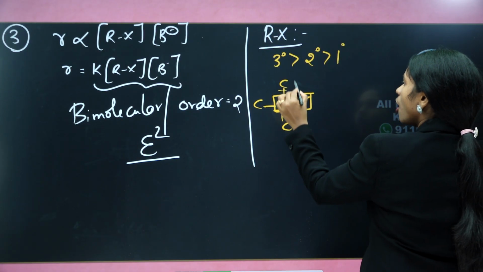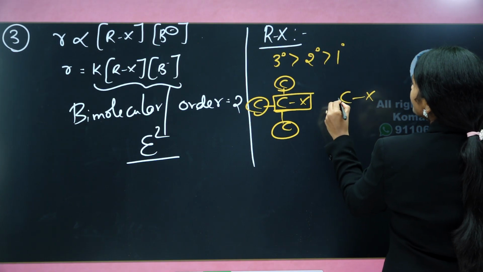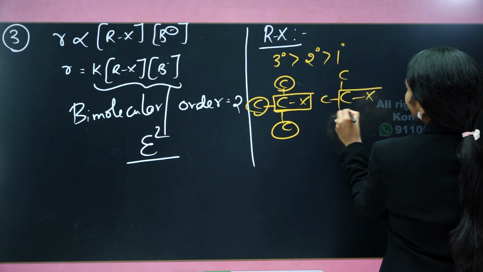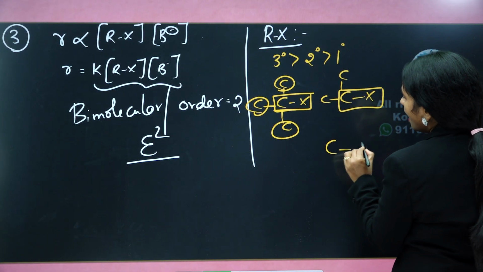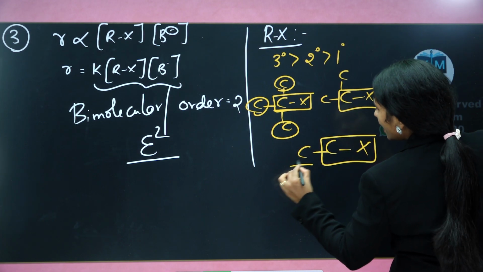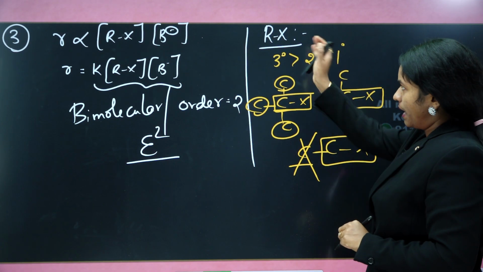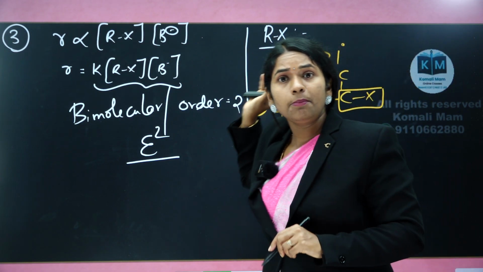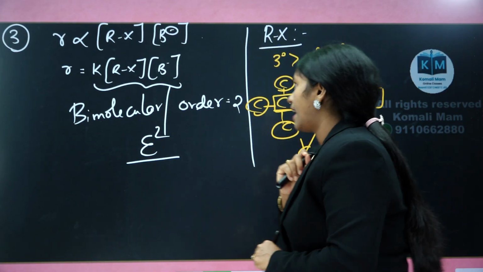It is connected to how many? 1, 2, 3. So it is tertiary. If the alkyl halide connected carbon is connected to 2 other carbons, then it is secondary. If this carbon is connected to one carbon or no other carbon, it is primary. So among primary, tertiary, secondary, which is more reactive? Tertiary is more reactive.